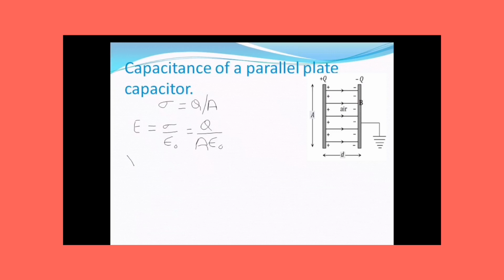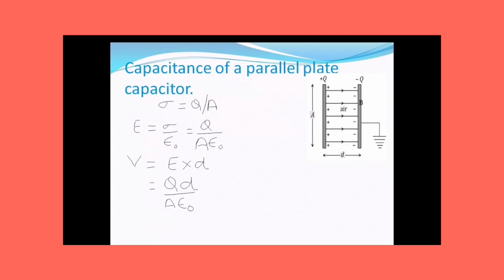Now the potential difference between the plates of a parallel plate capacitor is given by the formula V = E times D. So putting the value of E in this expression, you will get V = QD/(A epsilon naught).